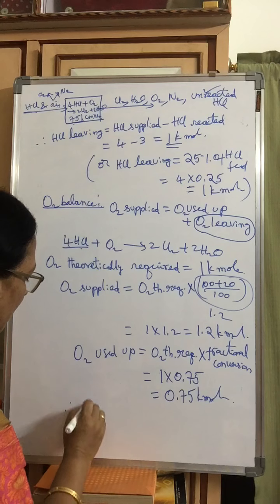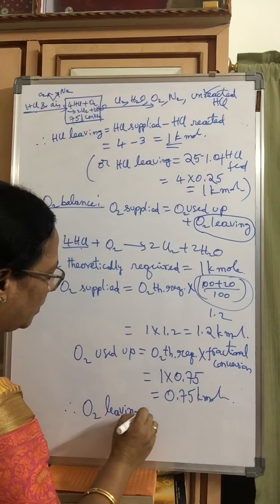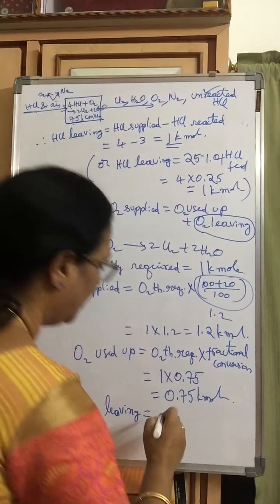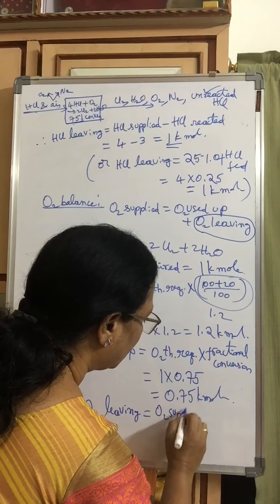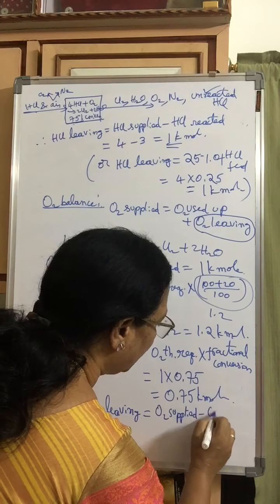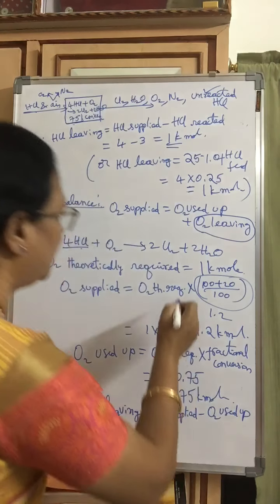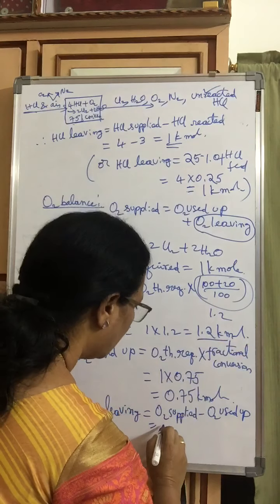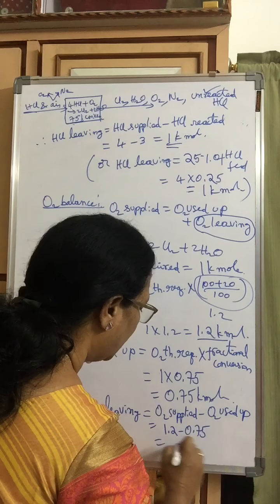Therefore, oxygen leaving is equal to oxygen supplied minus oxygen used up. Oxygen supplied is 1.2, so 1.2 minus 0.75.